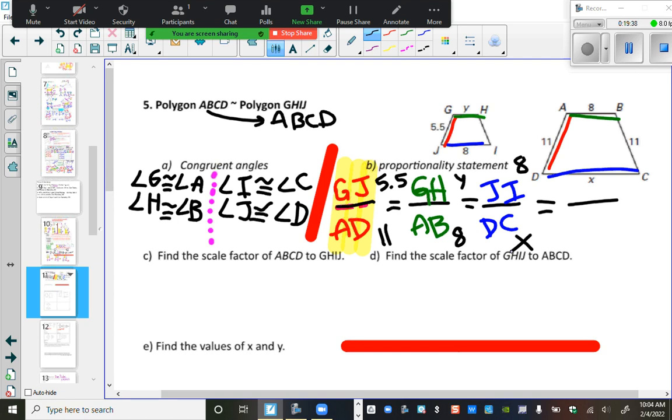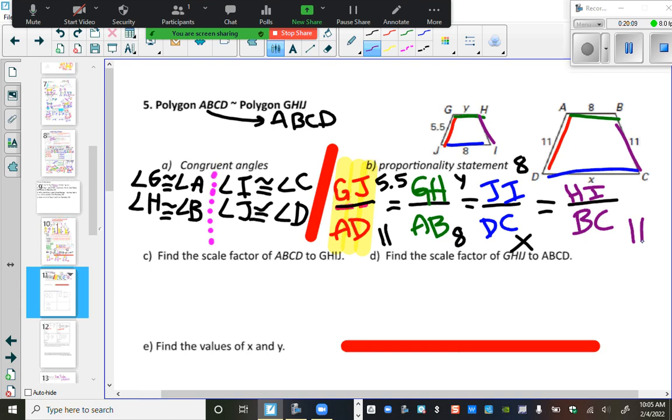Now the last one, that's HI. We need HI with BC. HI, you don't know it, but I'm going to give you a hint. BC we said was how much? 11. But now notice, AD was also 11, right?